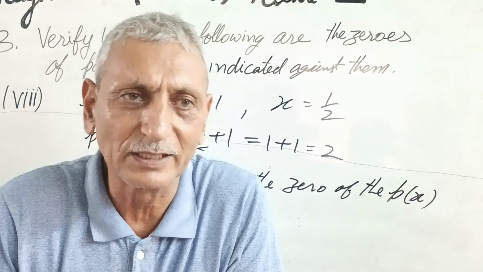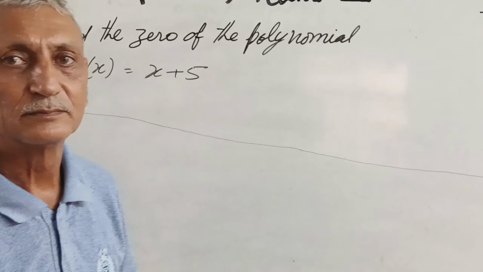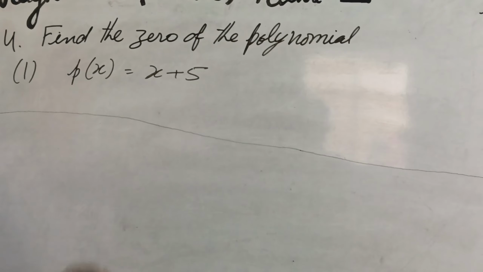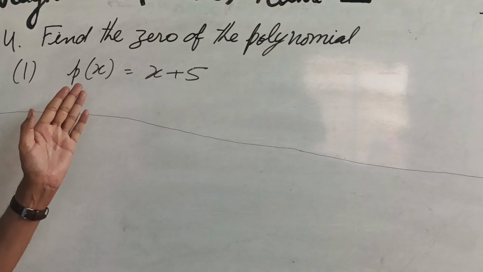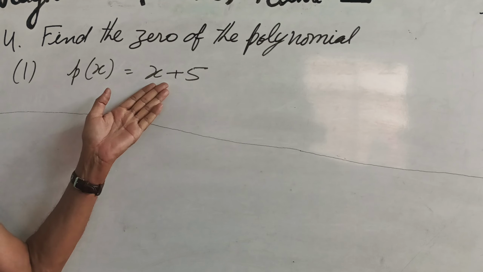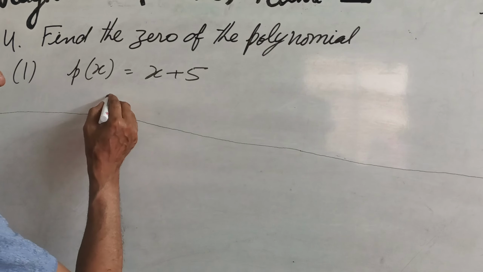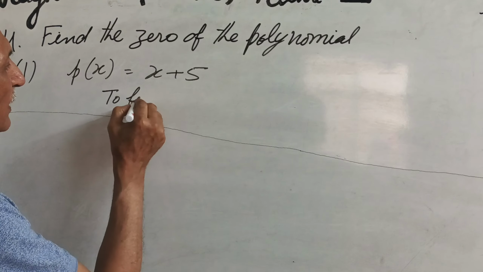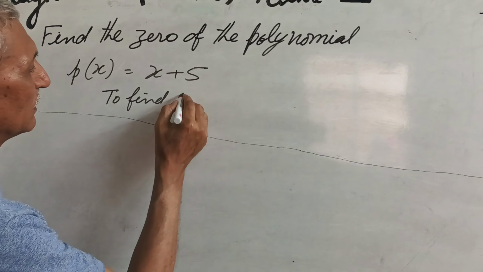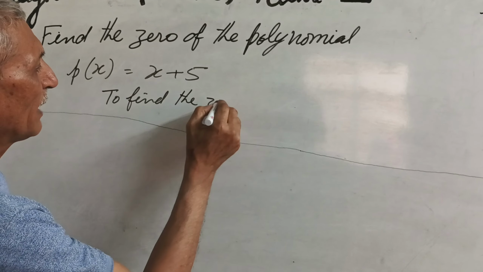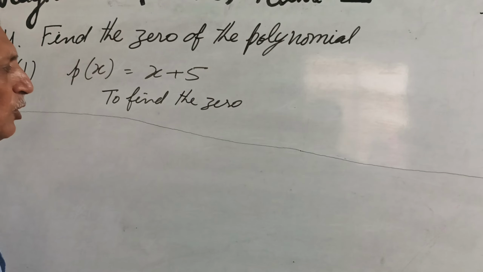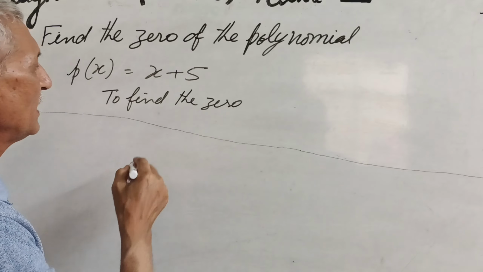अब स्टार्ट करते हैं क्वेश्चन नंबर 4. See, we have to find the zeros of the given polynomial. This is the polynomial, and to find the zero of a given polynomial, we have to put the polynomial equal to 0. Right, friends?